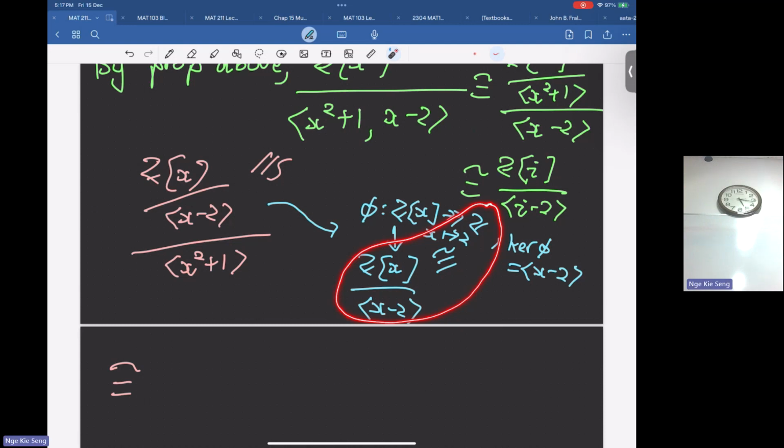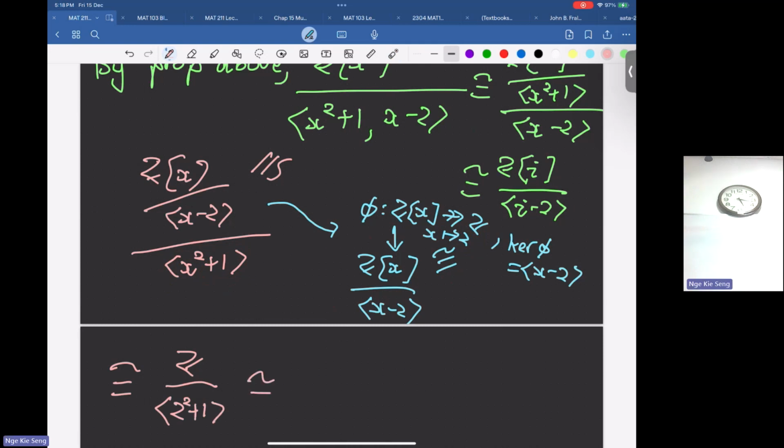Z. The image of this surjective map is Z, right? So by the first isomorphism theorem, you get Z. But the residue of x squared plus 1 here becomes 5, because x is sent to 2 already. So it becomes 2 squared plus 1.